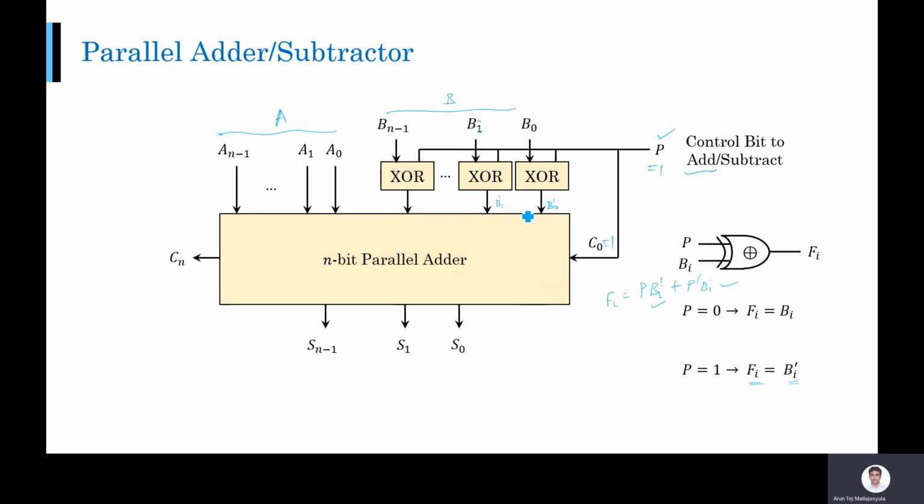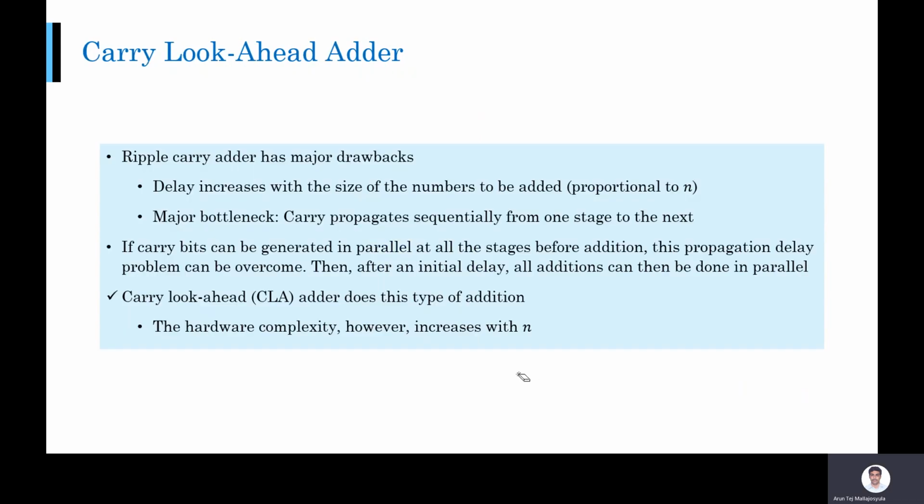So you are adding A and B complement with carry equal to 1, which is nothing but your subtractor circuit. Therefore, I can use this circuit to do both operations, as an n-bit parallel adder and an n-bit parallel subtractor. All I need to do is apply this control signal. P is 0 adder, P is 1 subtractor.